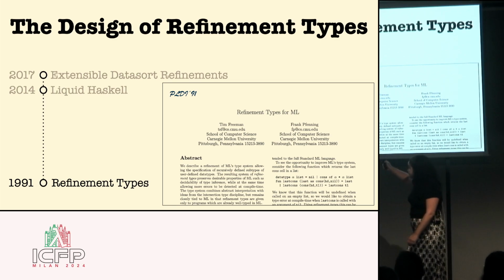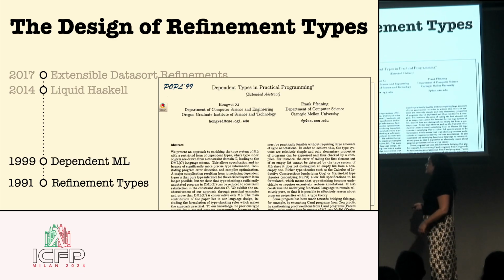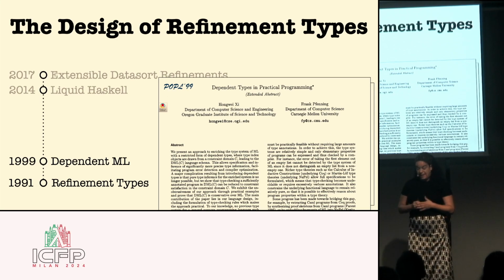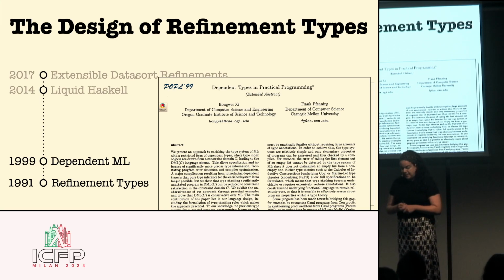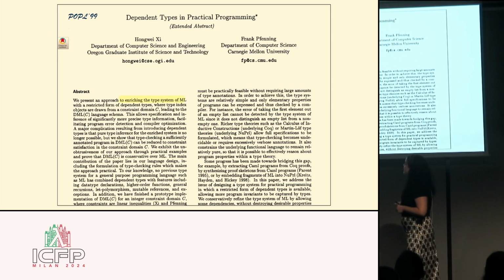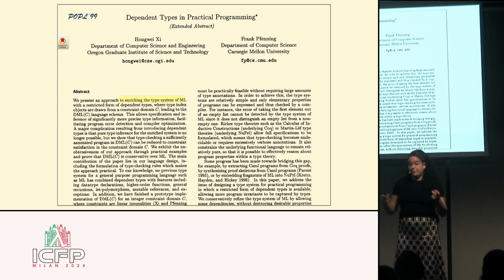Okay, so yes, data sort refinements are refinements because they, again, refine an existing programming language. Okay, so back to 91, the next important paper in the design space of refinement types is this dependent types in programming language. Again, it's by Xi and Pfenning. And so they, again, design a refinement type system for ML, for the ML programming language.